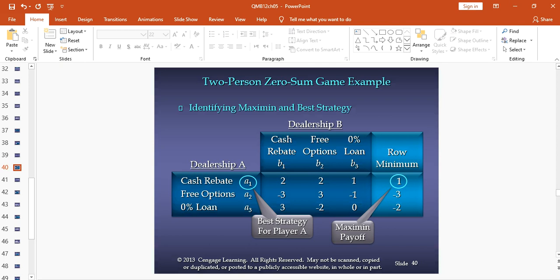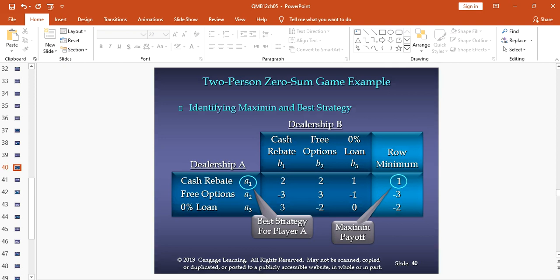Therefore, the best strategy for player A is to go cash rebate. Okay. No matter what the other player is doing, there will be a positive number here. It means they are making a sell. With the minimum 1 sale of a vehicle in a week.